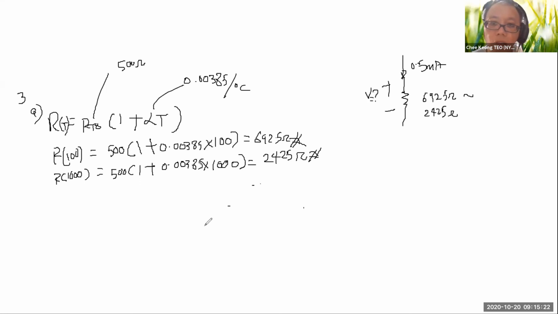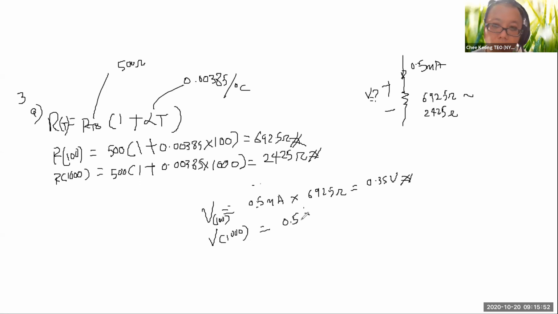V equals 0.5 milliamp times 692.5 ohms, which gives you 0.354 volt. That is for 100 degrees. Now V at 1000 will be 0.5 milliamp times 2425, which gives you 1.213 volt.